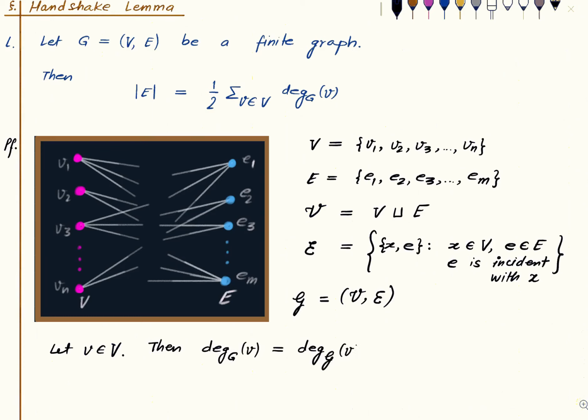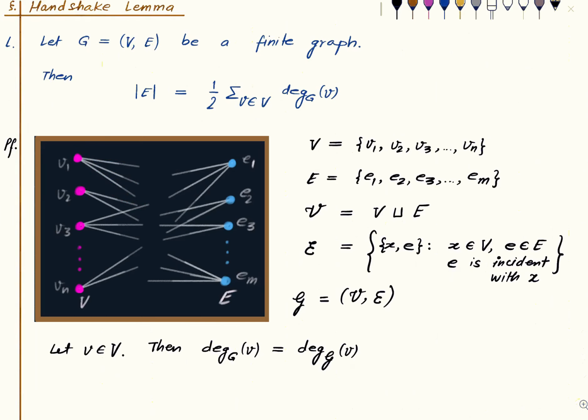This is a very simple observation. What is the degree of V1, let's say? You're asking how many edges V1 is incident with, and then drawing as many edges as are incident with it. That is precisely the definition of the degree of V1 in the original graph. How many edges V1 is incident with? So this is a very simple observation.